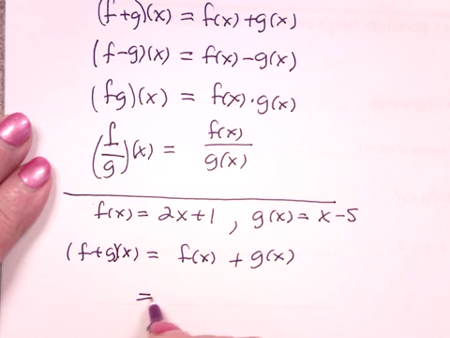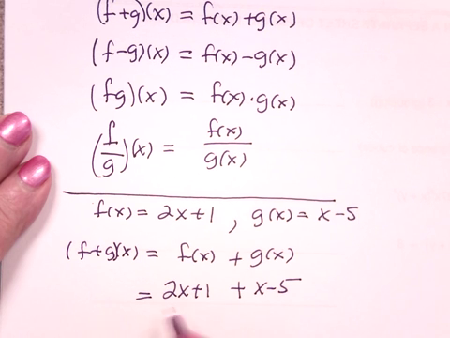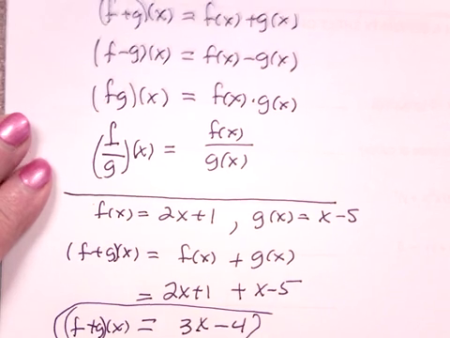I said you just add the two. So it's 2x plus 1 plus x minus 5, which is going to turn into 3x minus 4. So f plus g of x is 3x minus 4.